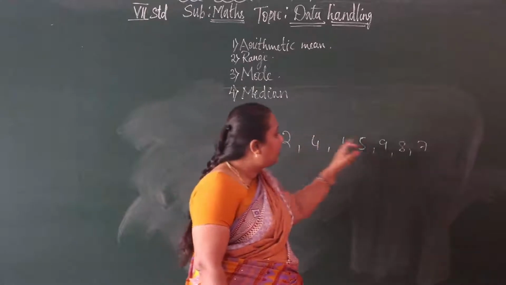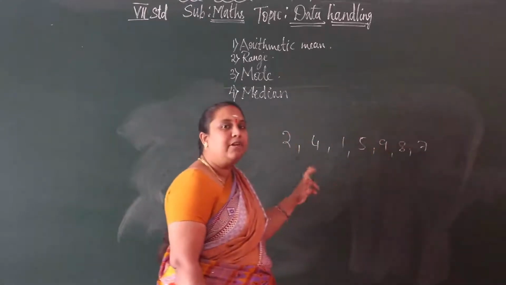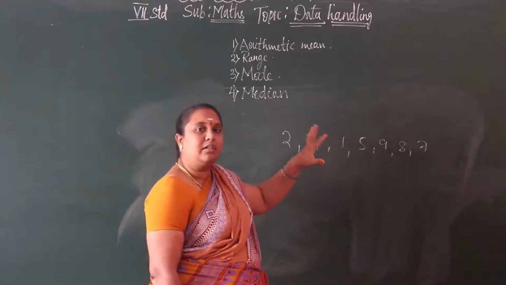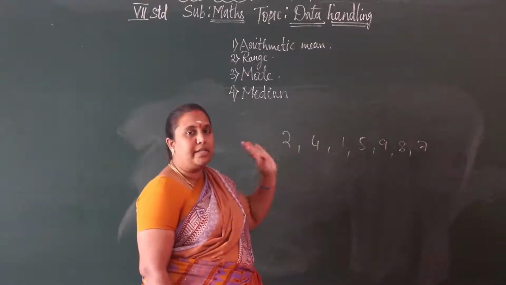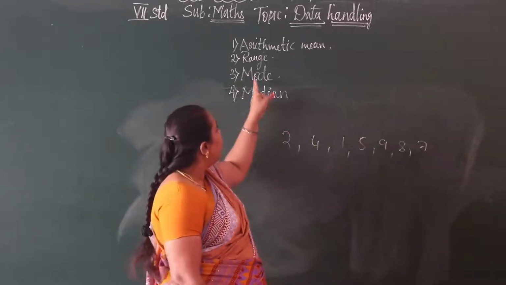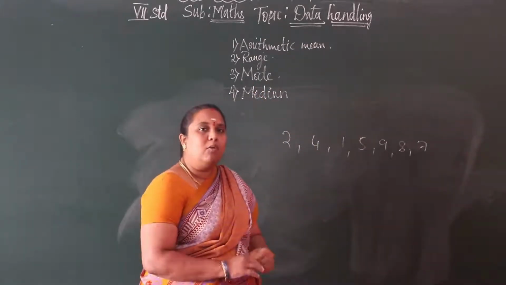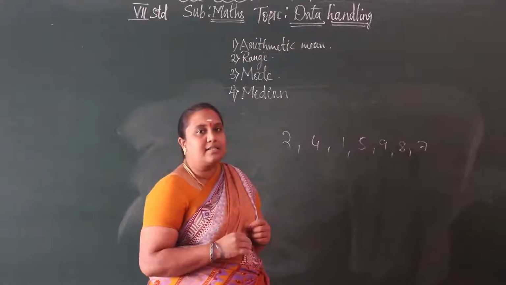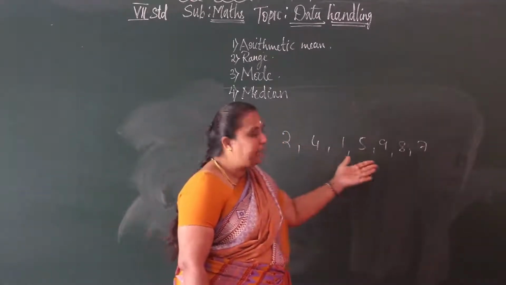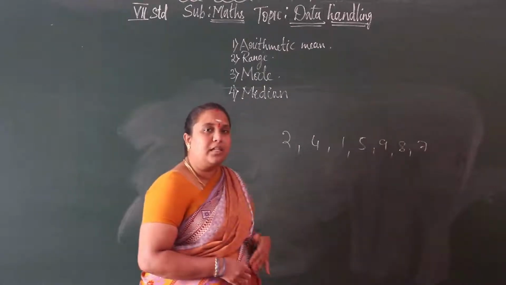Why? Because we want to find the biggest number and the lowest number, and find the difference between the highest and the lowest numbers. So there is no need to write ascending or descending order. And then mode: mode also has no need for ascending or descending order, because we have to find the repeated values in the given data.